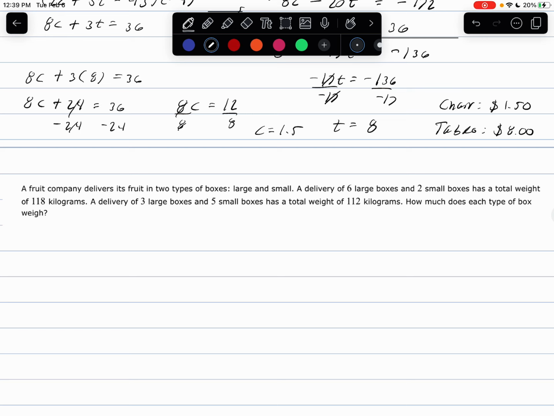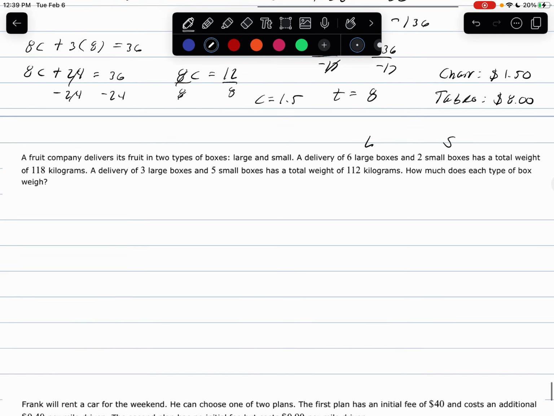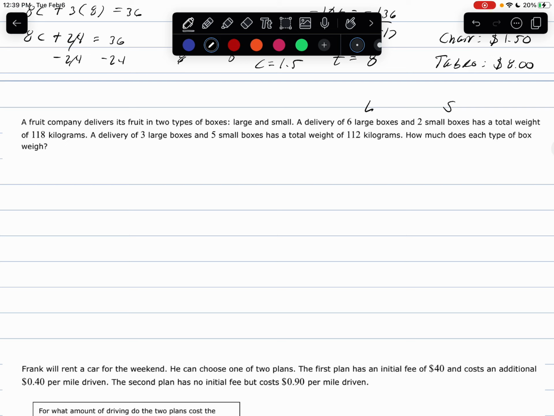Okay, so we have large boxes, which we'll say is L, and we have small boxes, which we'll say is S. Okay, so 6 large boxes and 2 small boxes, that has a total of 118. So we have 6L plus 2S is equal to 118.